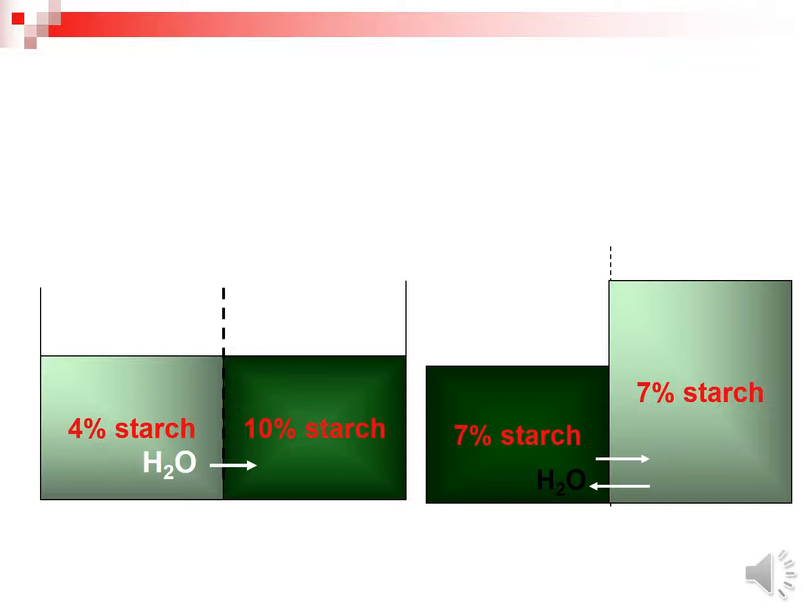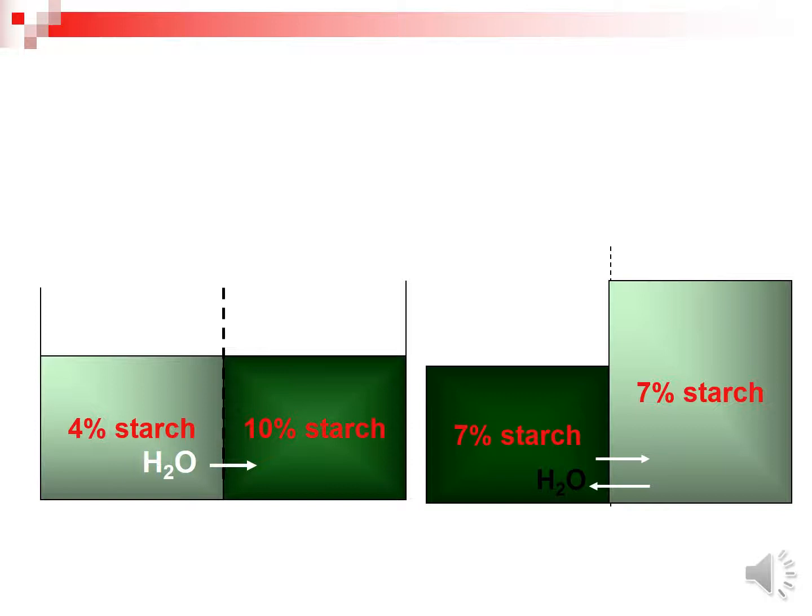Let's say we have starch and water, and we have two solutions, a 4% and a 10% solution, separated by a semi-permeable membrane shown as a dotted dashed line here. Water is going to try to move out of the 4% starch solution into the 10% starch solution until both solutions are a 7% starch solution.